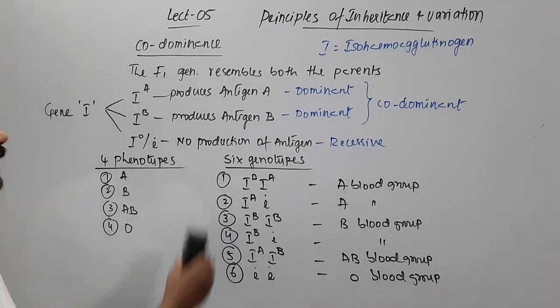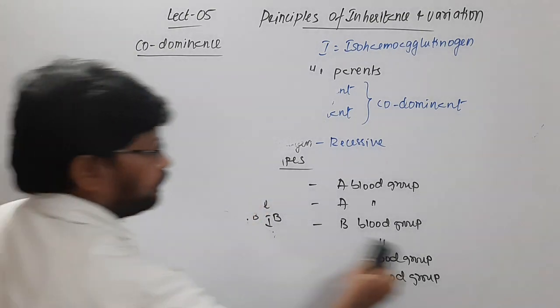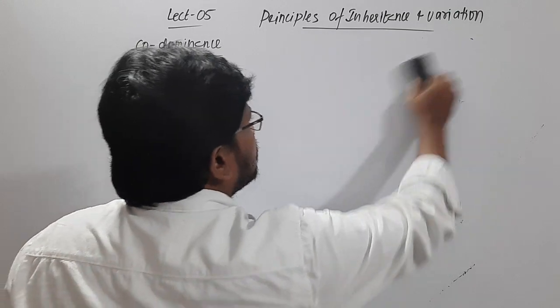Now let us take an example and understand how inheritance of blood groups is seen.